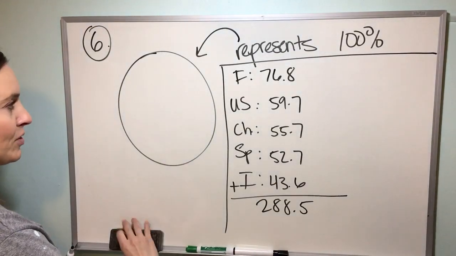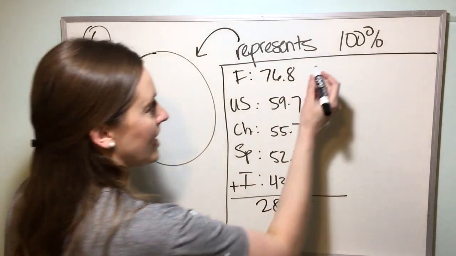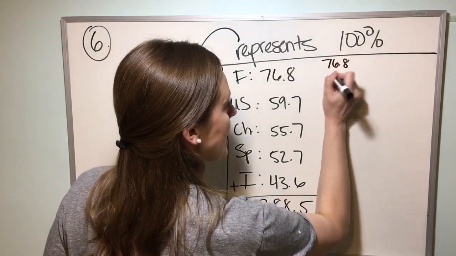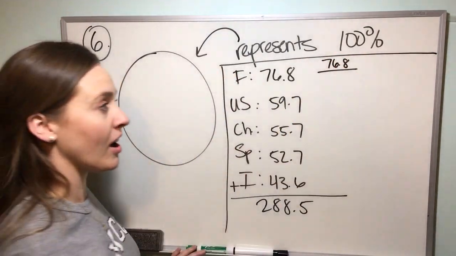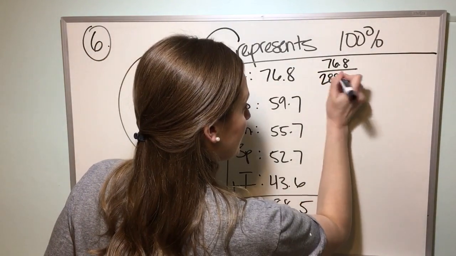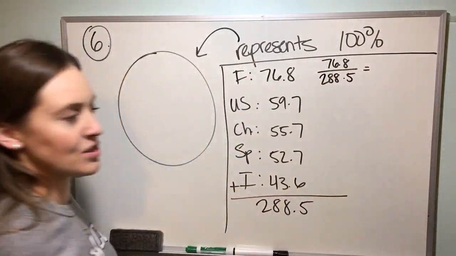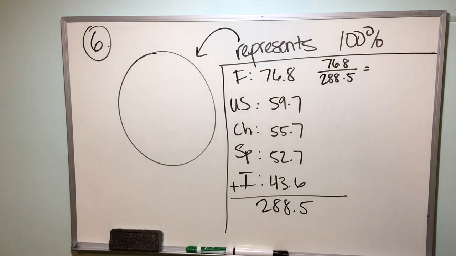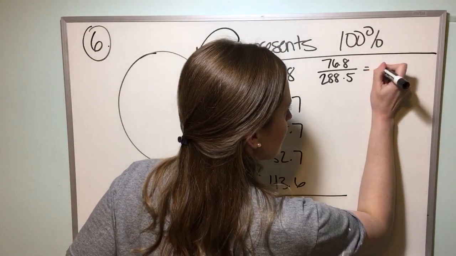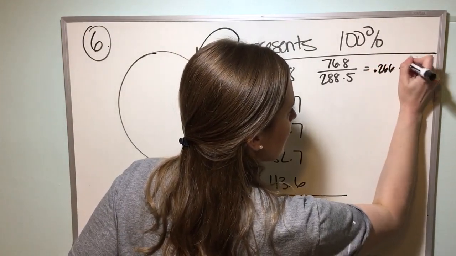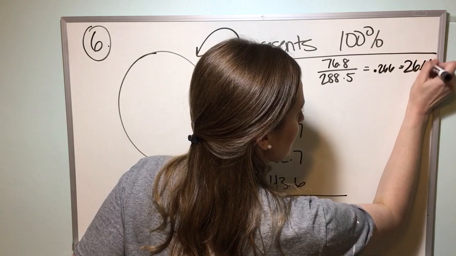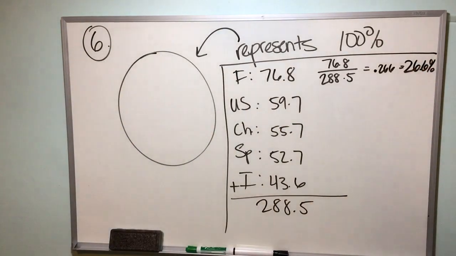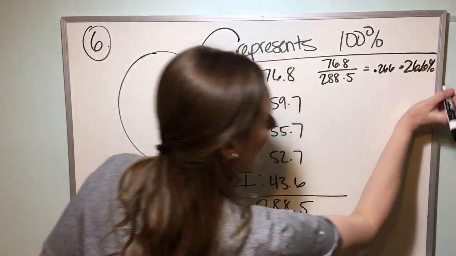We can take, for example, France and say, okay, well, 76.8 is what part of 288.5? And we can do that simply by dividing. We'll get a decimal of 0.266, and we'll change that into a percent: 26.6%.